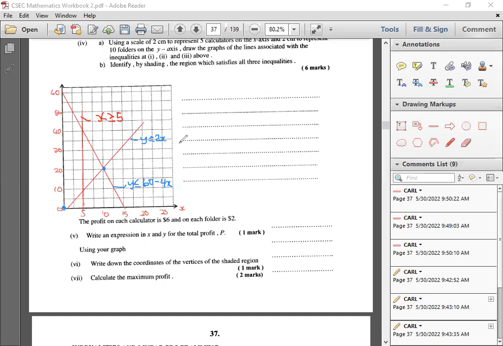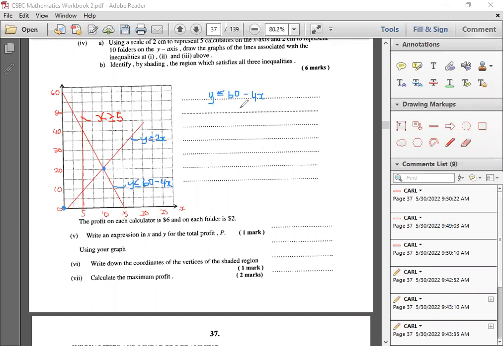All right, so what I did was to label the 3 lines. As we go through, I'm going to show you little tricks as to how to handle these equations. But what you should have noticed is that if you have y equals 60 minus 4x, you have y being less than or equal to 60 minus 4x.